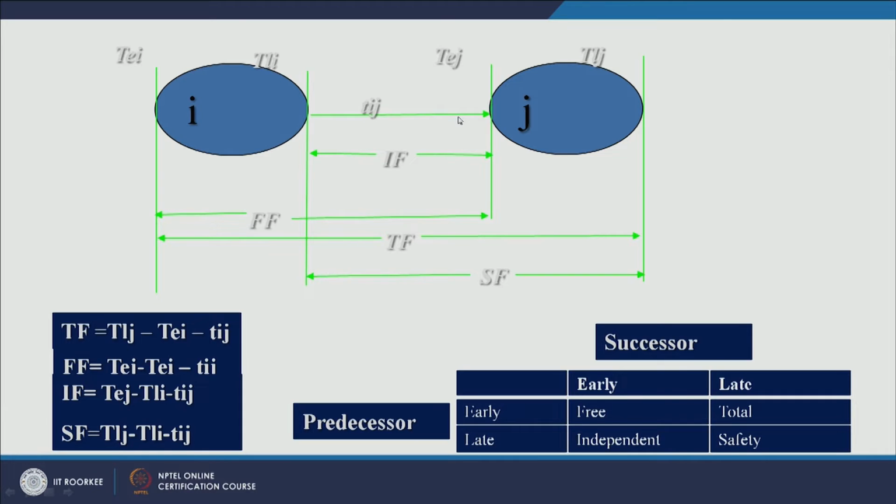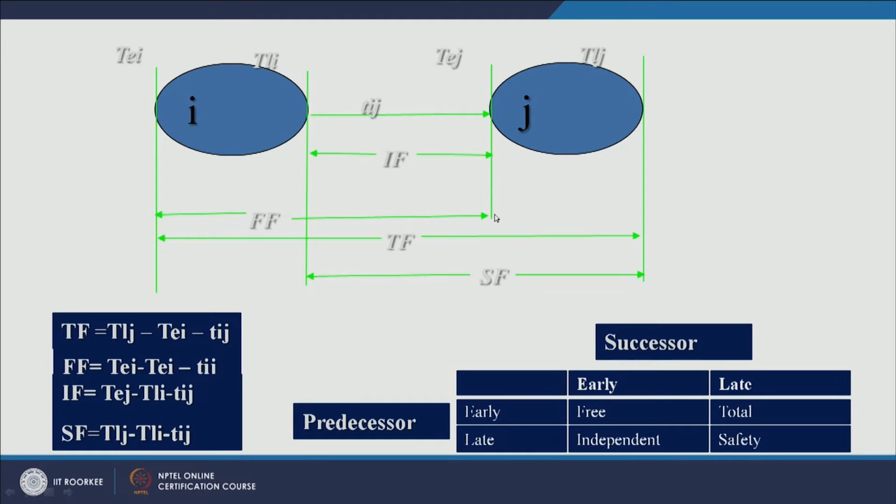Total float, as I said, is the maximum time available, this minus the duration of the activity. This is the equation which we have seen in earlier slides as well. So, look at this line, this point and this point is the maximum time available minus the duration of the activity. Then free float would be smaller than total float.